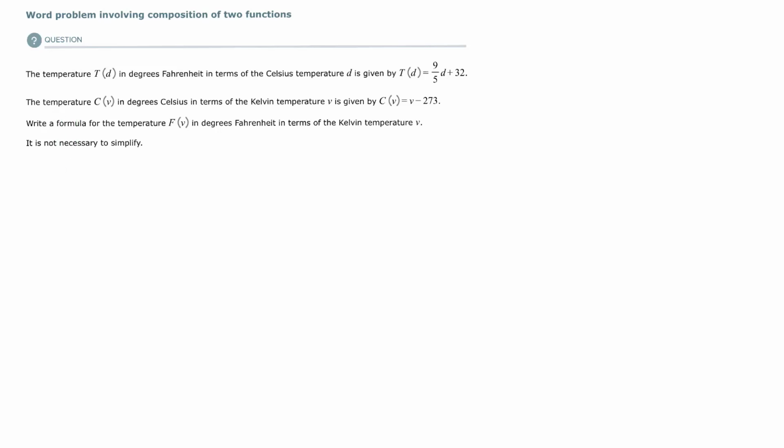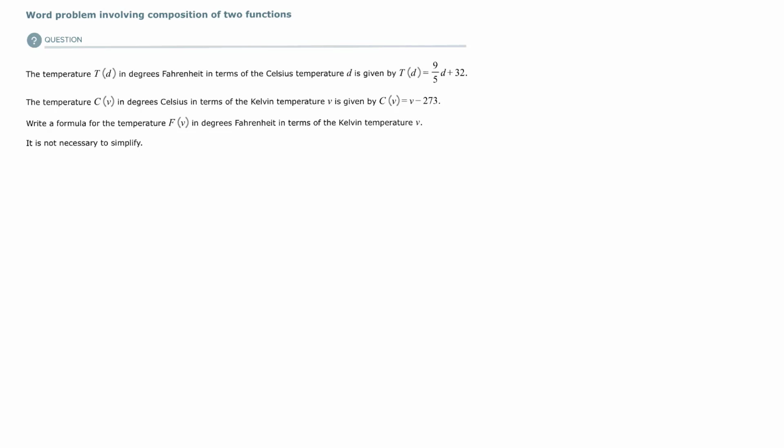The temperature, C of V in degrees Celsius in terms of the Kelvin temperature V is given by C of V is equal to V minus 273. Write a formula for the temperature F of V in degrees Fahrenheit in terms of the Kelvin temperature V. It is not necessary to simplify.